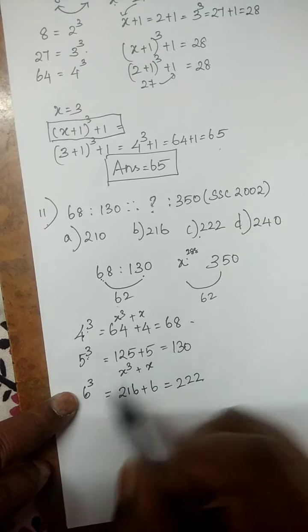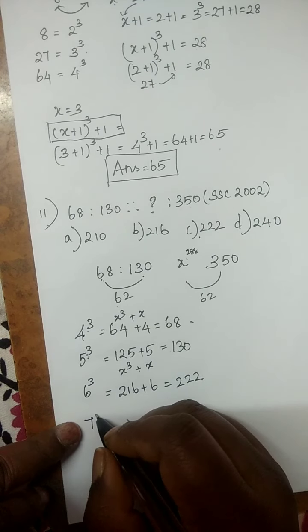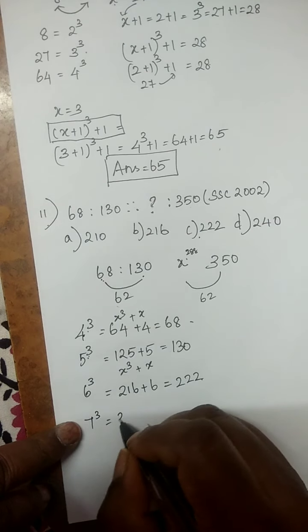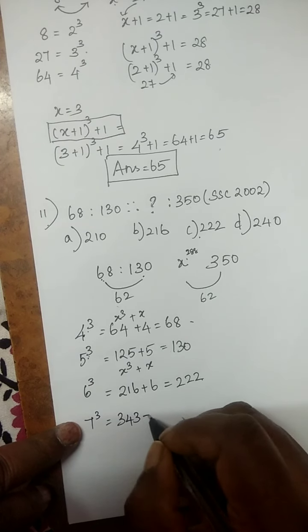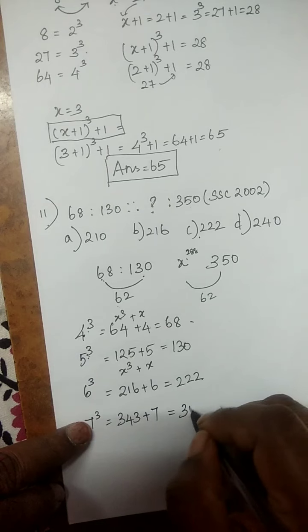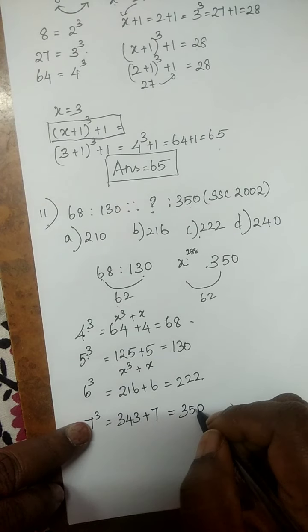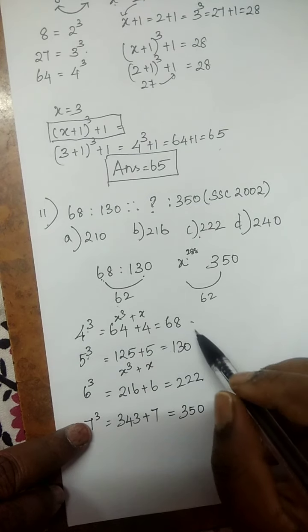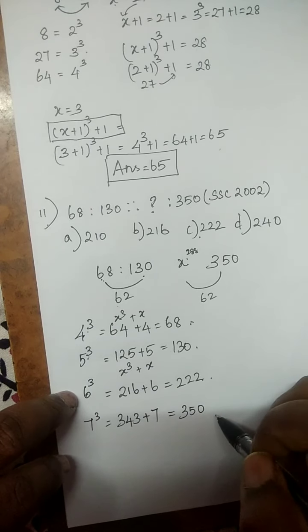For 350, the next number is 7. 7 cube is 343 plus x. X is nothing but the same number, 7, 350. So here comes the answer: 68, 130, 222 and 350.